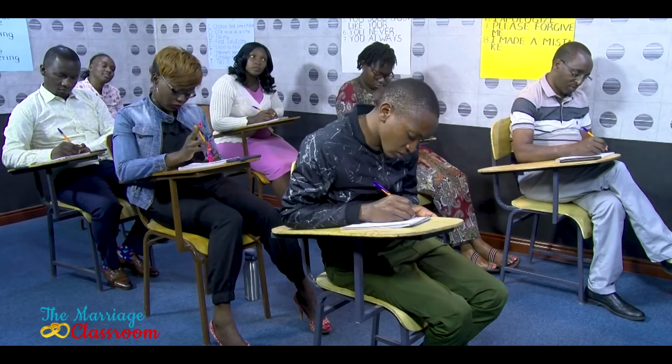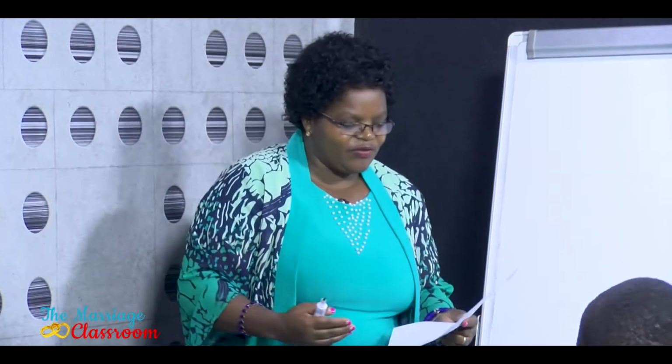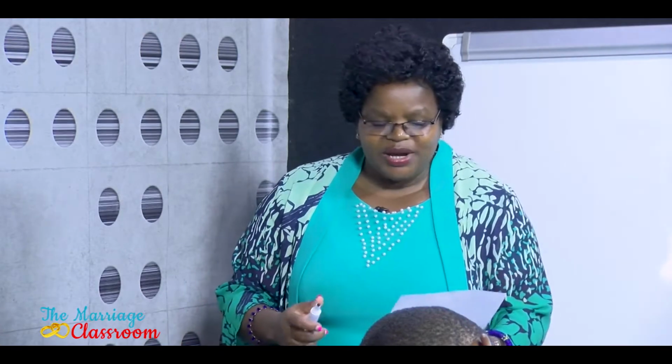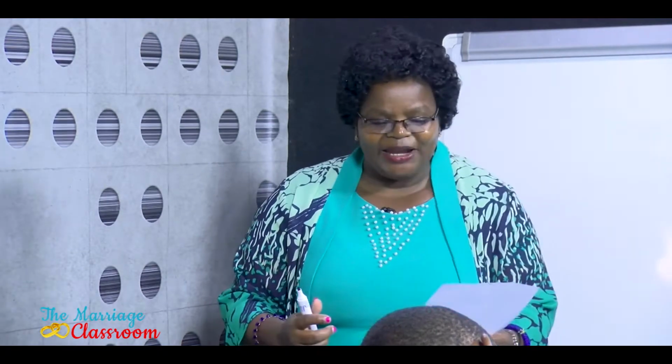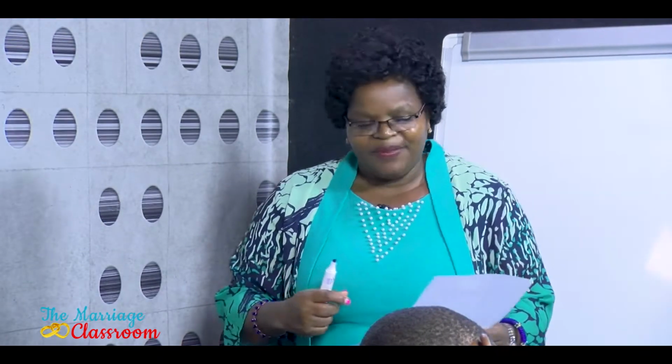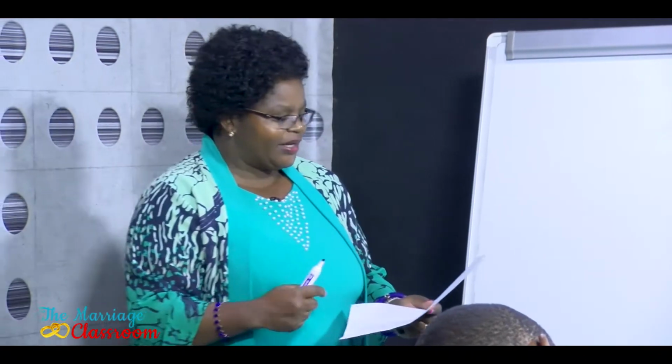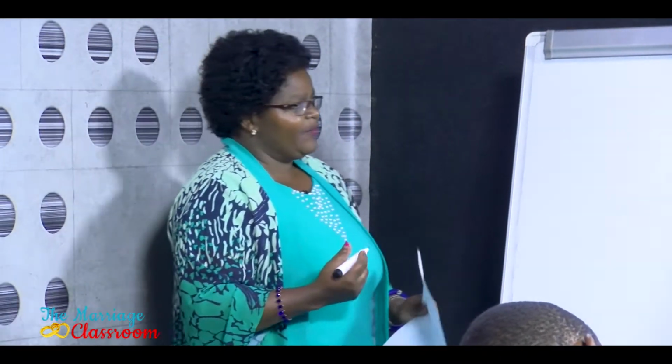We are adapting it from a book which any one of us can access, called Total Marriage by Jeffrey and Patty Jean Brown. They have written a very good book, though I have also added a few things on the acronym.